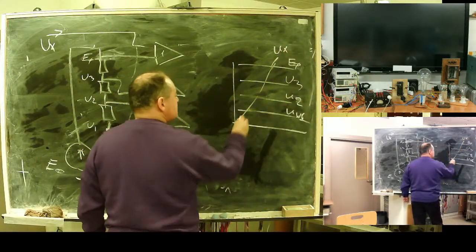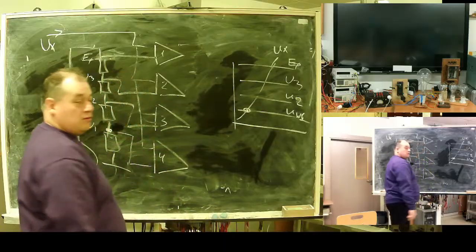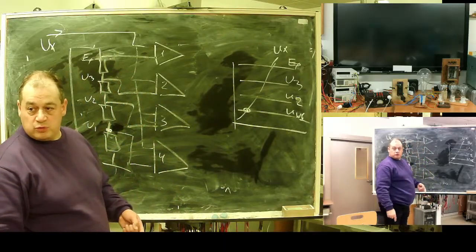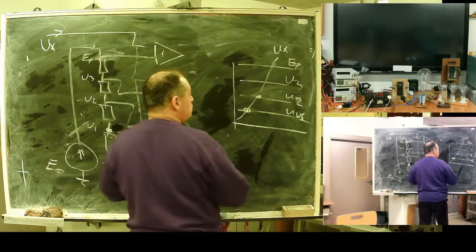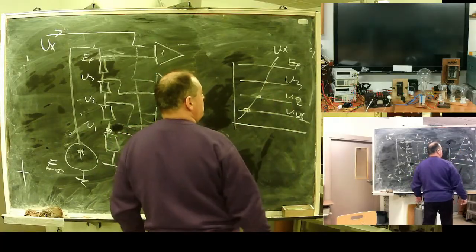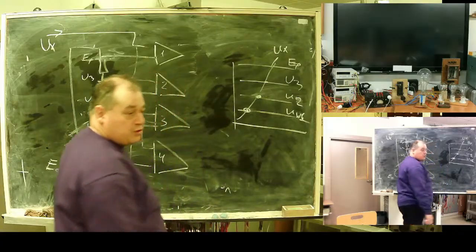Voltage rise, this triggers. Voltage is 1 unit, this triggers. Voltage is 2 units, here voltage is 3 units, here voltage is 4 units.